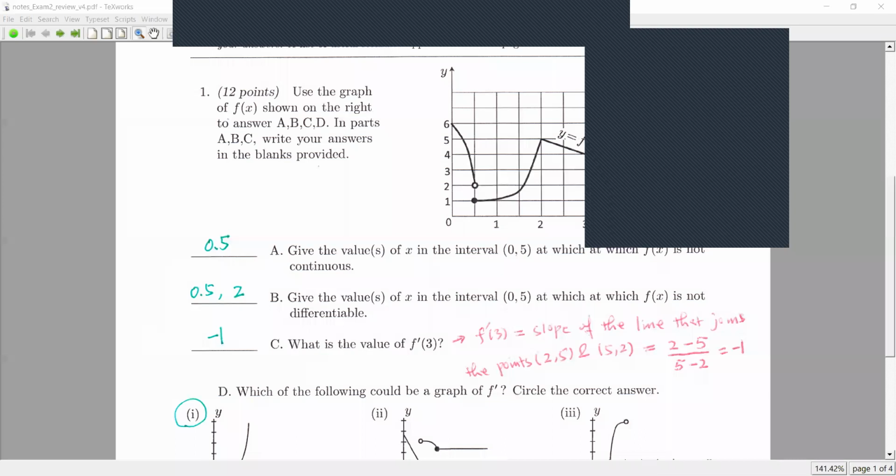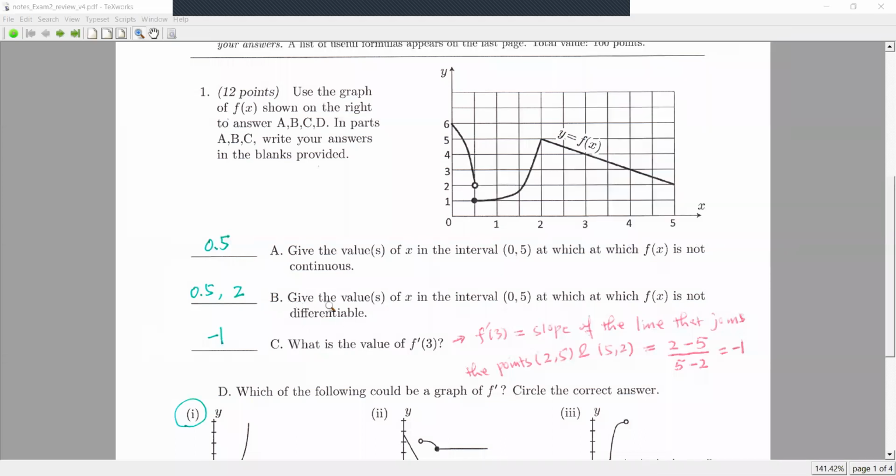Question B. Give the values of x in the open interval between 0 and 5, at which the function f is not differentiable. The answer to question B is 0.5 and 2. At x is 0.5, the graph is not continuous.